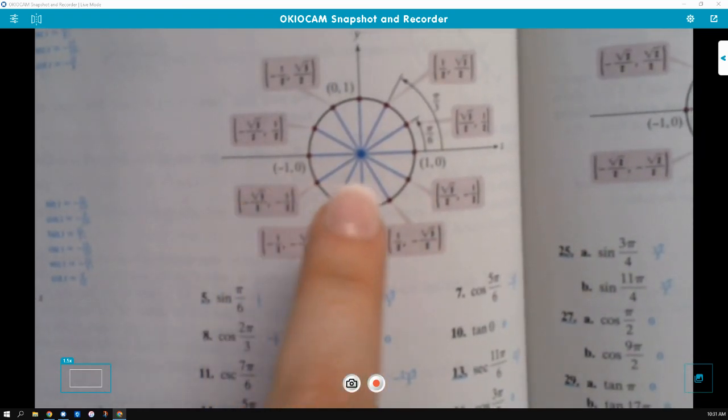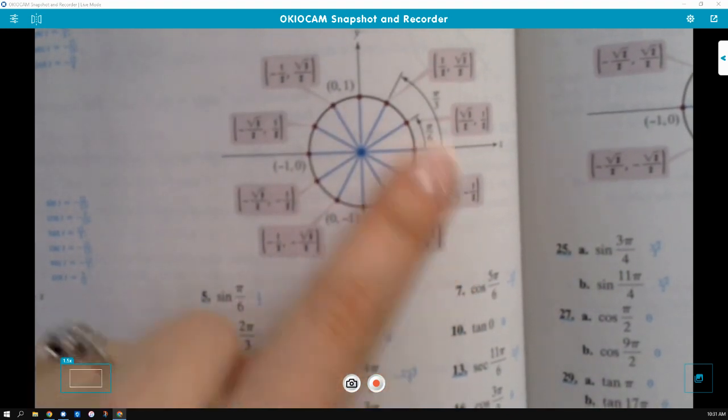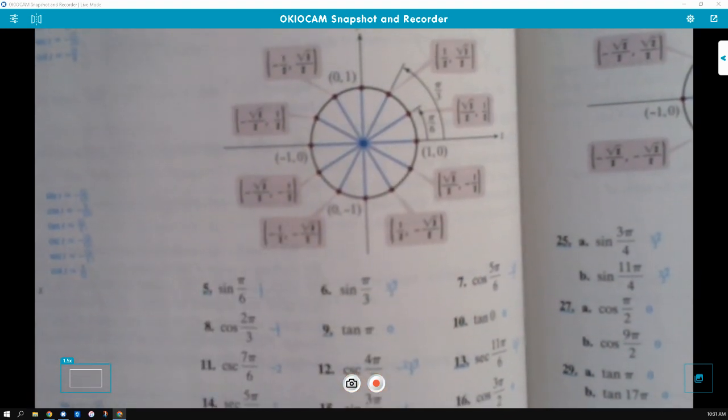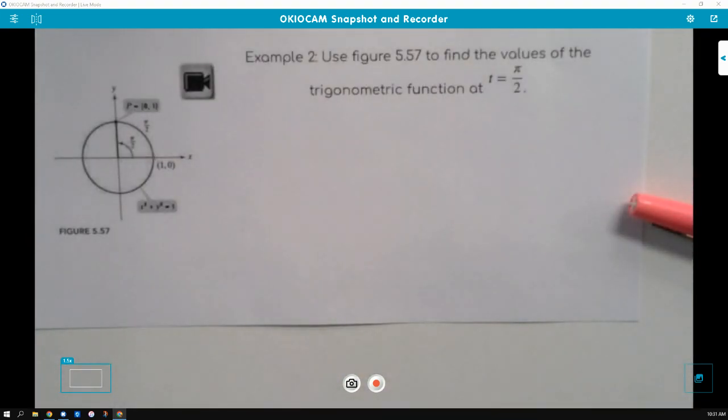You just have to figure out that this is 0, 30, 60, 90, and you use that graph to evaluate trigonometric functions at certain values. Okay, sorry, I was looking at something. All right, so for this one, we'll do sine and cosine first.